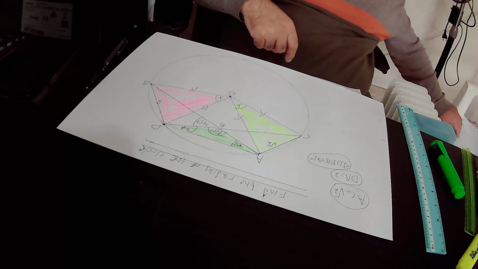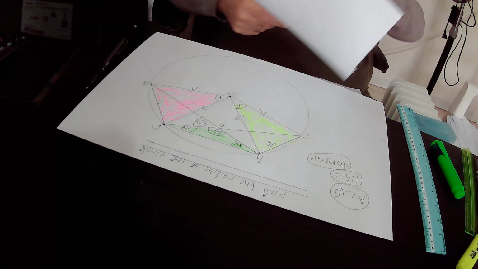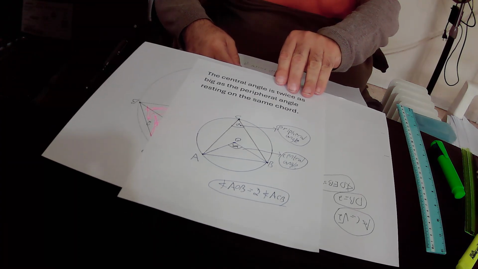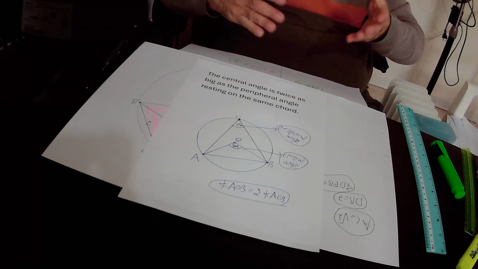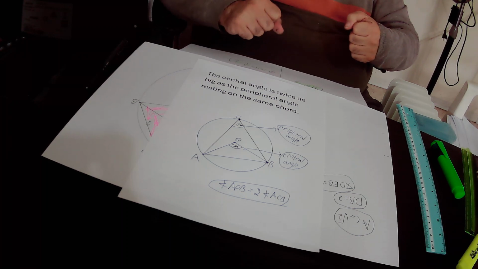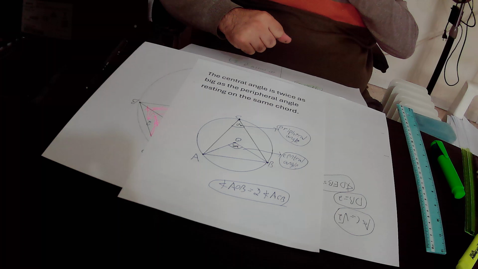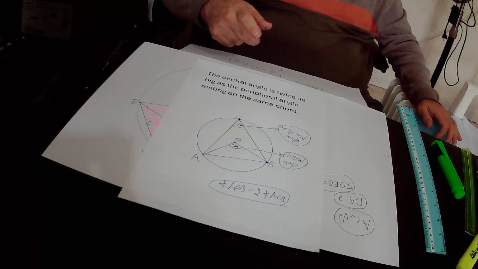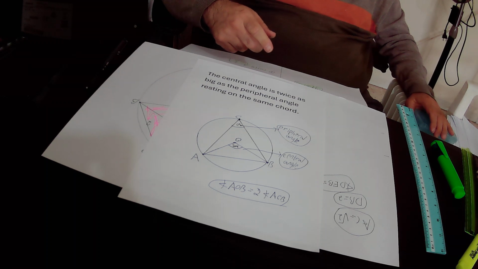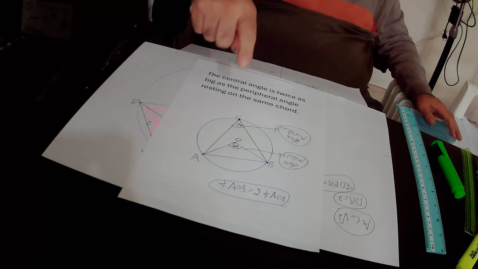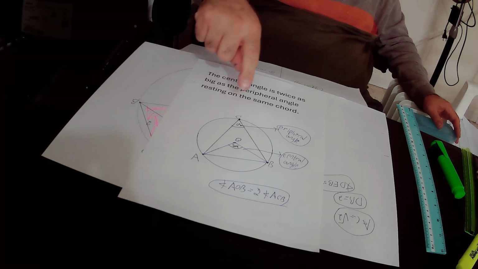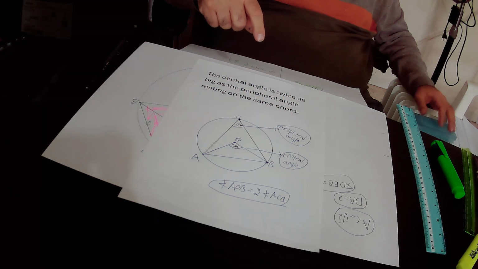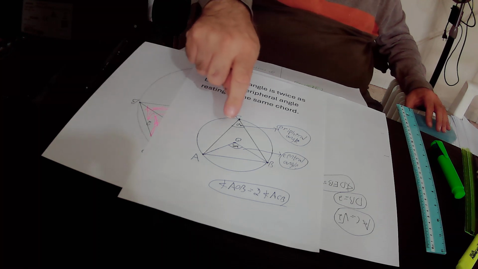We use two rules in order to answer this question. The first rule is that the central angle is twice as big as the peripheral angle that rests on the same chord. Here we have the peripheral angle ACB equal to alpha, and it rests on chord AB.